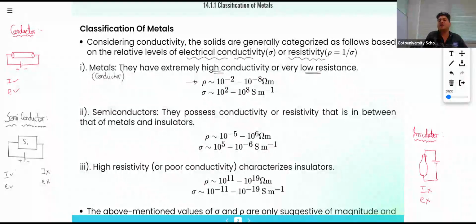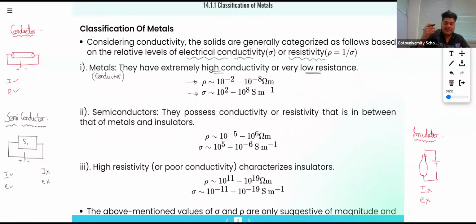Resistivity's value will lie between the range 10 raised to minus 2 to 10 raised to minus 8 ohm meter. And the reciprocal of that is electrical conductivity. Electrical conductivity will lie between the range 10 raised to 2 till 10 raised to 8 Siemens per meter. S represents Siemens. Siemens means inverse of ohm.